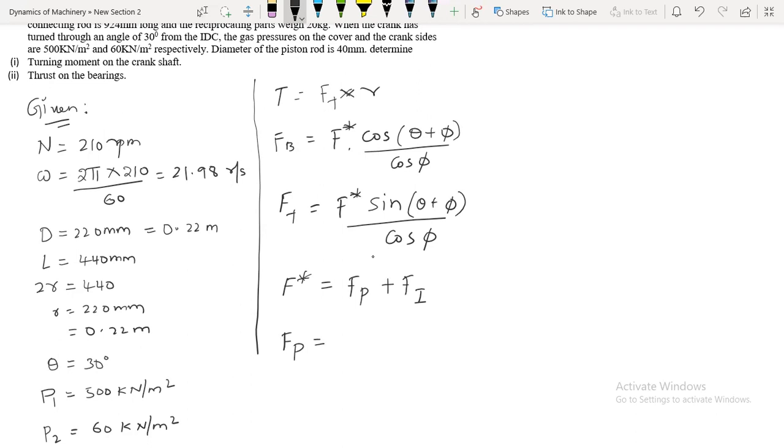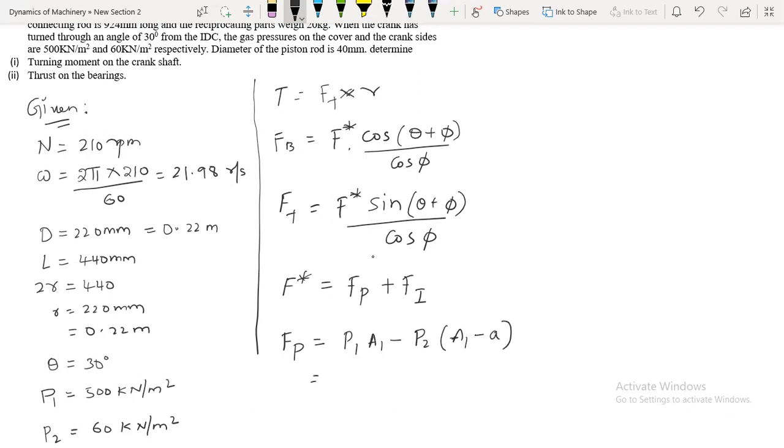So what is Fp equal to? Fp is equals to P1 A1 minus P2 into A1 minus a. Okay.